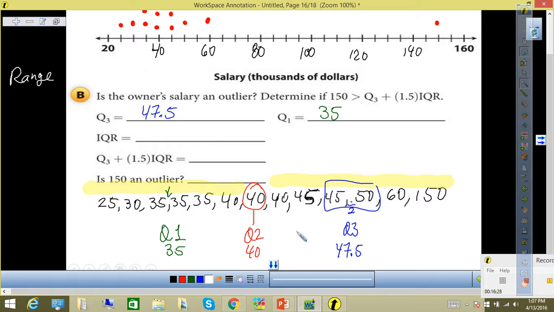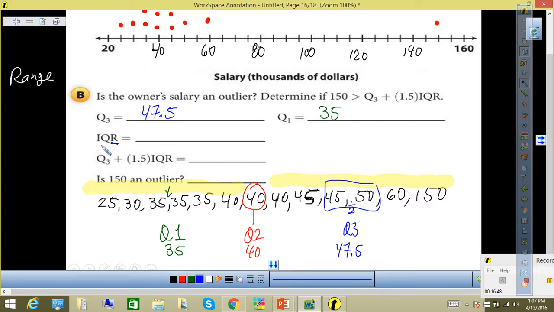Okay, Julia. Take the largest number minus the smallest number. Largest minus the smallest. Does that make sense? Okay. Well, guess what? This letter here, the R, stands for range. But we're going to find the interquartile range.